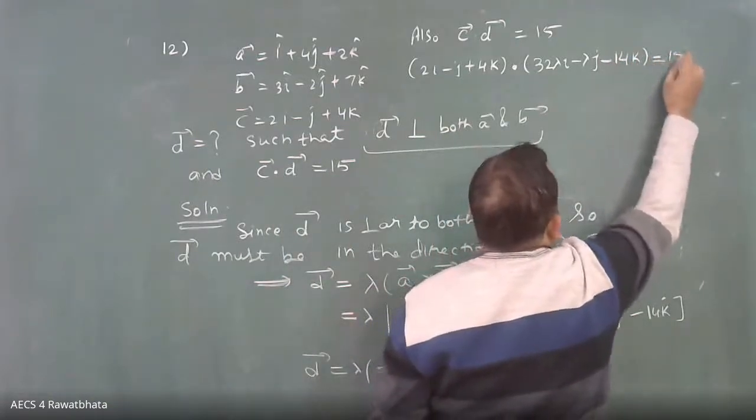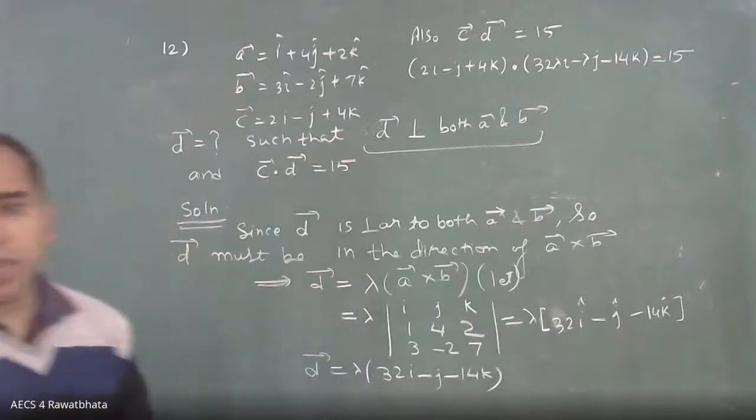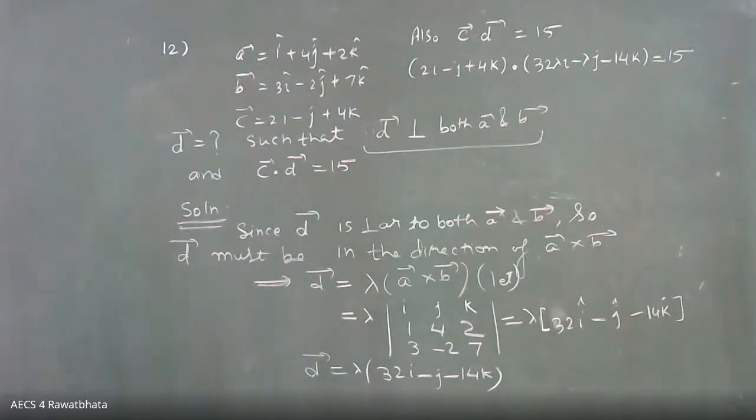equal to 15. Now, in the left hand side, if I take the dot product, what should I write? Somebody tell me, Ekansh or Divyanshi?